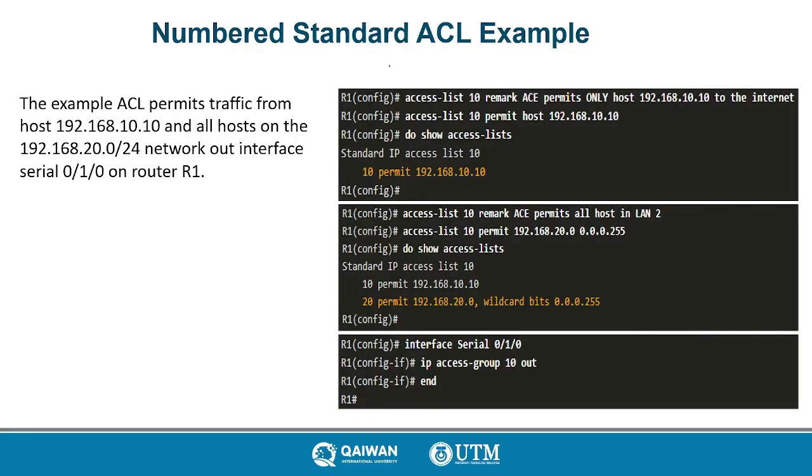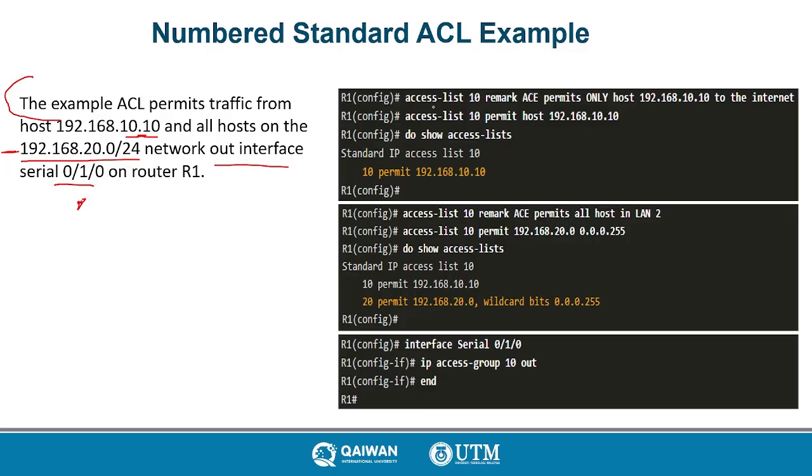Now we have this access list example. It permits traffic from host 192.168.10.10 and all hosts on this subnet network, out of the serial interface. So we have this IP, we have this subnet, and we have a serial interface.